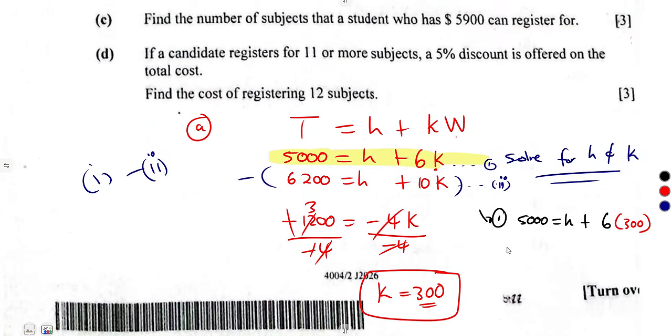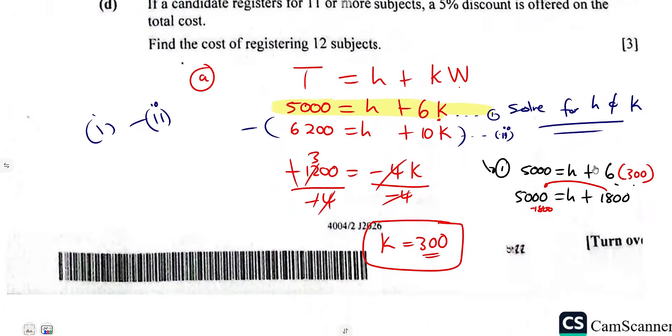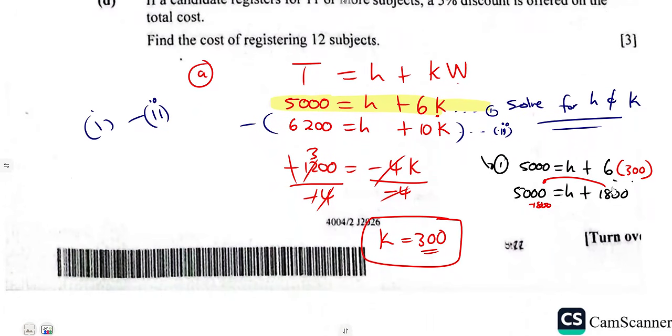So solve for H. 5,000 is equal to H plus 6 times 300, that's 1,800. Take the 1,800 to the other side, it's going to be negative. So 5,000 minus 1,800 gives us 3,200. 3,200 is equal to H. So that's the value of H, 3,200.